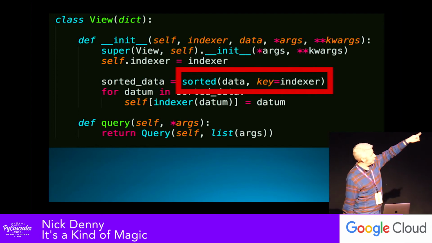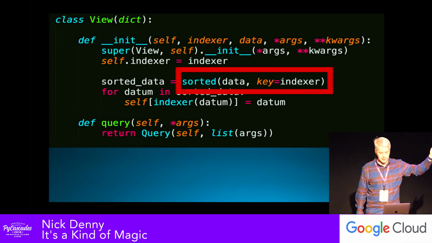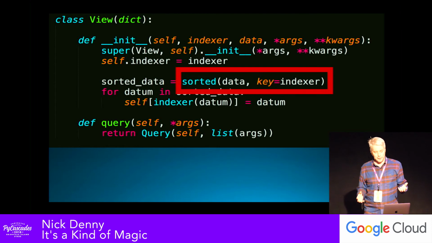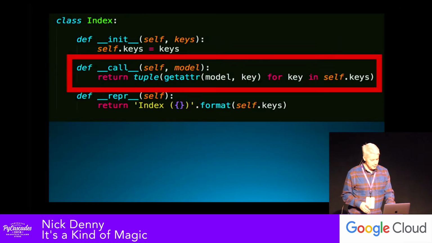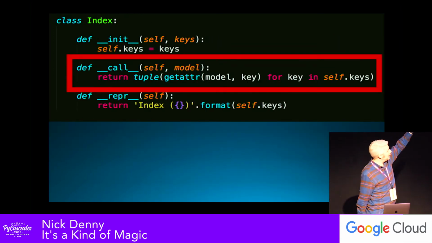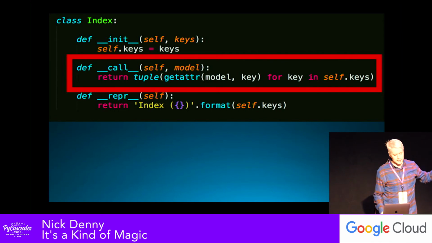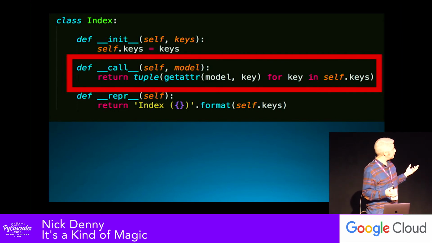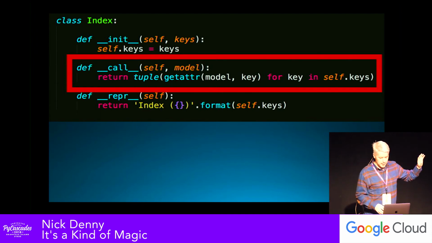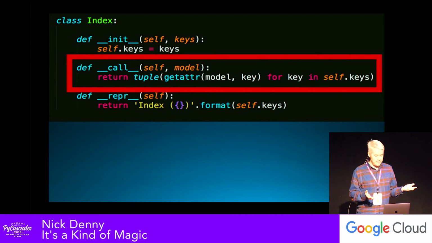What's happening in the sorted? Sorted's key parameter is expecting a function, but we've passed in our index class. So as you might imagine, that means that we've got a call method on the index. So this index class instance can run as if it's a function. So this is the sort of clever bit, I guess.